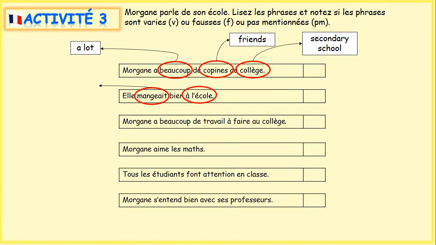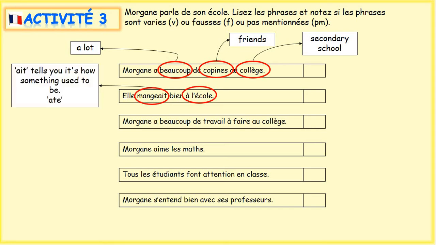So therefore it becomes AIT, and it's she used to eat. Or she ate. Next one, à l'école. This is school. So this is talking about school up to probably about year 4. L'école refers to a younger part of school as opposed to secondary school.